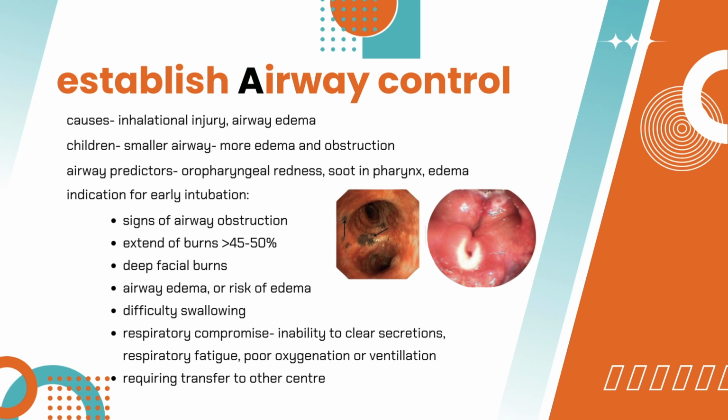Indications for early intubation are signs of airway obstruction, extended burns more than 45 to 50 percent, deep facial burns, airway edema or risk of edema, difficulty in swallowing, respiratory compromise, inability to clear secretions, respiratory fatigue, poor oxygenation or ventilation, and requiring transfer to another center.